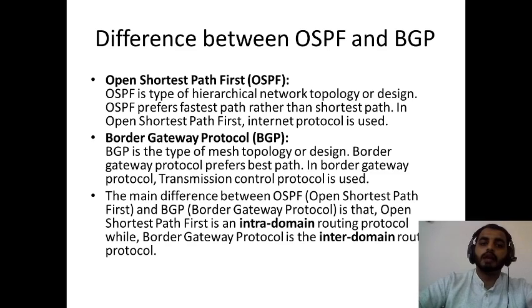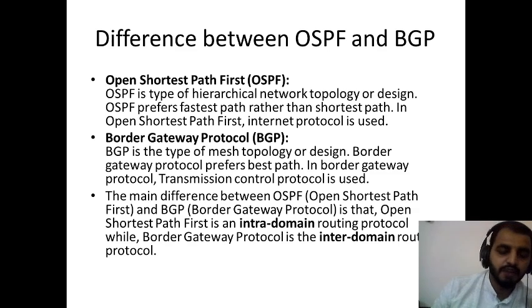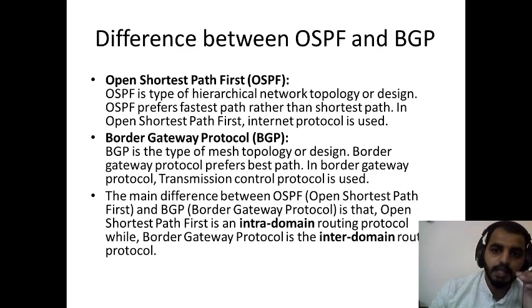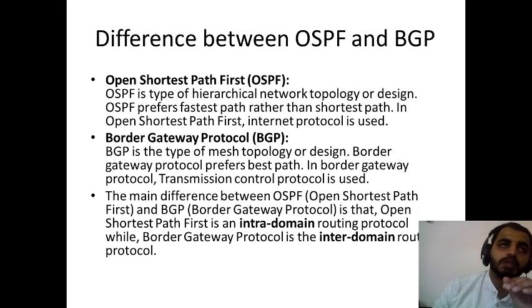These types of networks will be there in OSPF. OSPF prefers the fastest path rather than the shortest path. In OSPF, Internet Protocol is used. IP is being used with reference to OSPF.